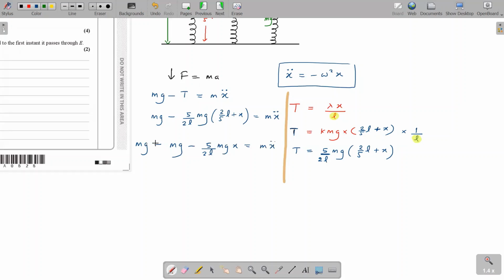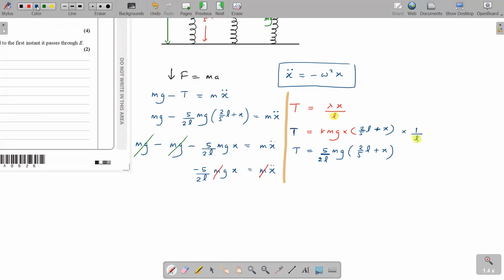The minus mg plus mg will cancel out. And then minus 5 over 2L mgx equals mx double dot. The m will cancel out.